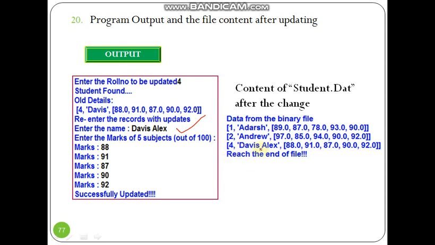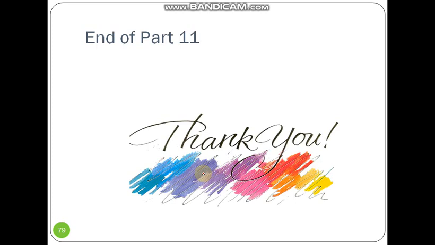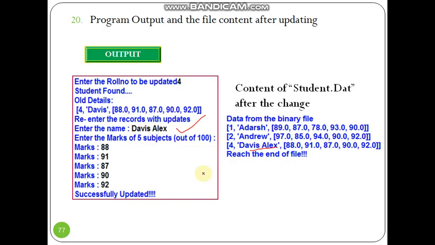Now Davis is Davis Alex. So this is the entire content of the file now. In this way you can do the updations also. Using the seek and tell methods, you can do that too, but as per this year's syllabus we are doing it in this way.